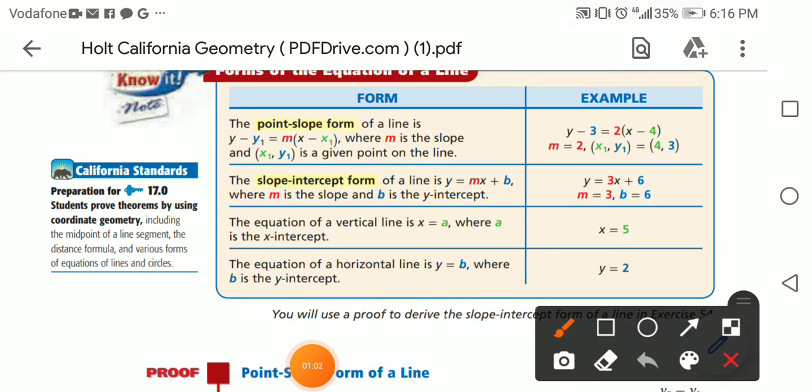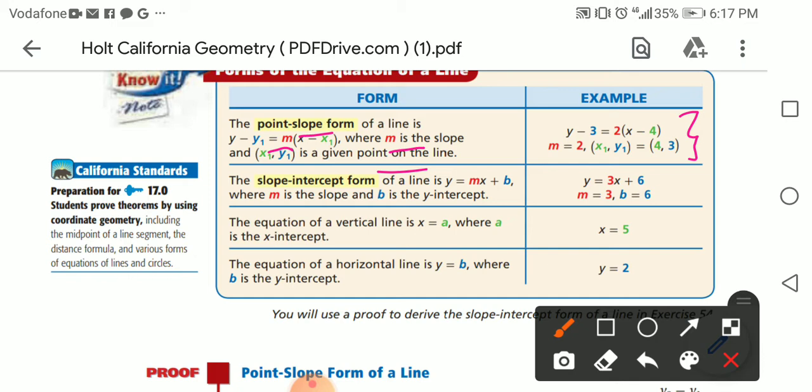So I have here forms of the equation of the line. I have the first form, the point-slope form. The point-slope form of a line is y minus y sub 1 equals m times x minus x sub 1, where m is the slope and x sub 1, y sub 1 is a given point on the line. And here is an example for this.